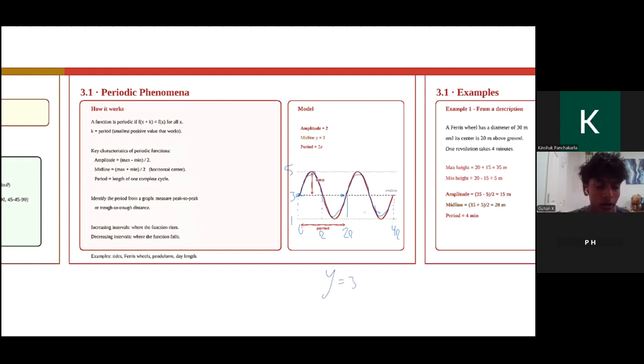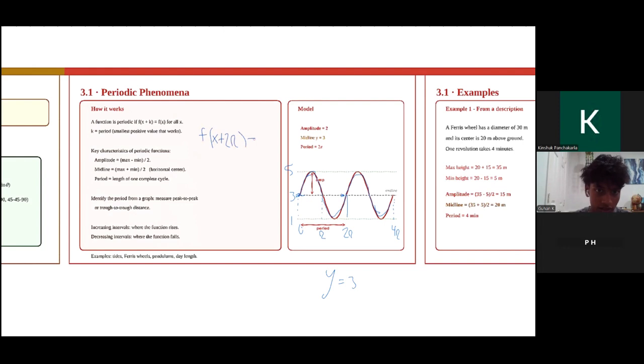Here, what it says is, a function is periodic if f of x plus k equals f of x for all x, where k equals the period. That's what we're saying here. The period is 2 pi, so f of x plus 2 pi equals f of x.